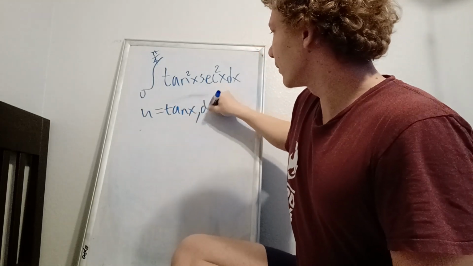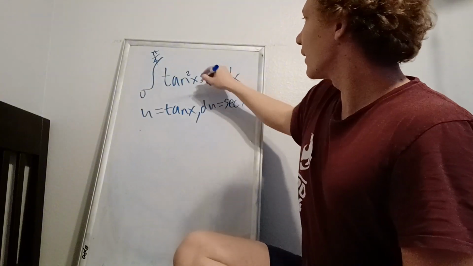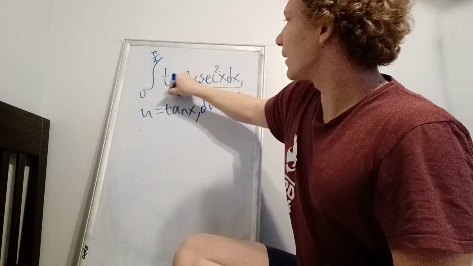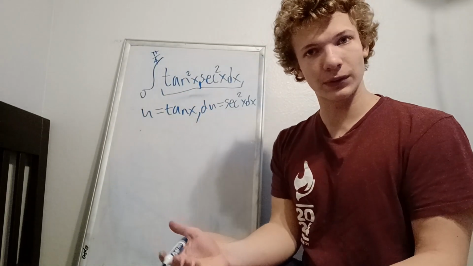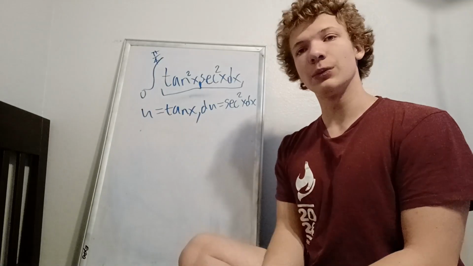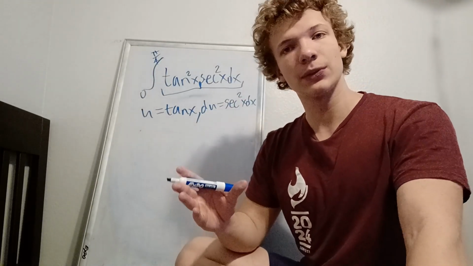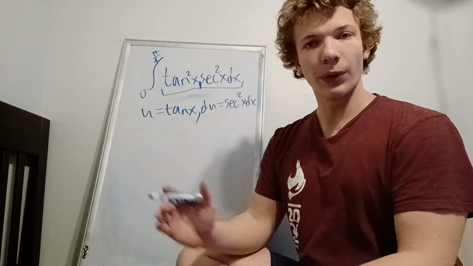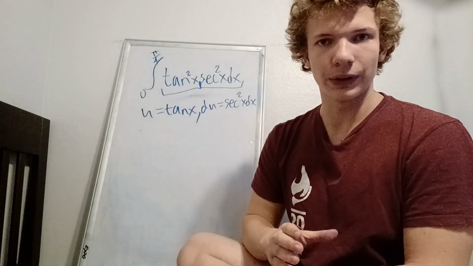And then du will equal secant squared x dx. Now we have our du, and tangent squared x, well, we can rewrite this still in terms of just u, because that's just u squared. Now that's an important concept to think about in U-substitution. A lot of the times, you won't actually end up with just a u or just a 1 over u.